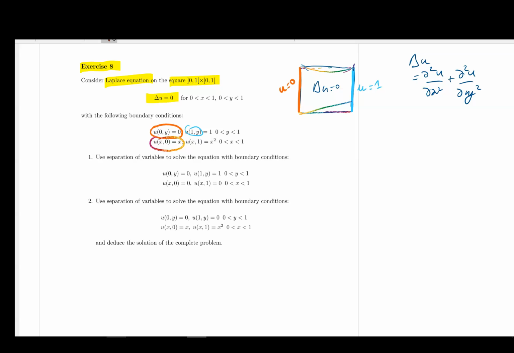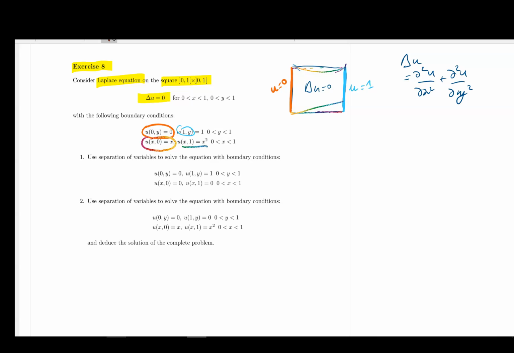It's just a plane. So u of x,0 is equal to x, a linear heating, and on the top one it's going to be parabolic.